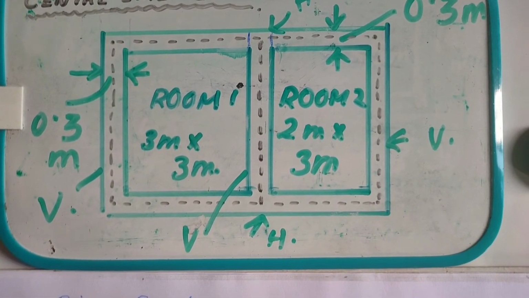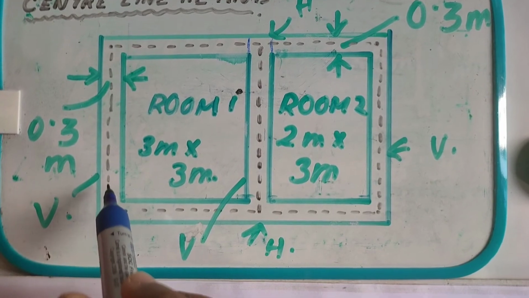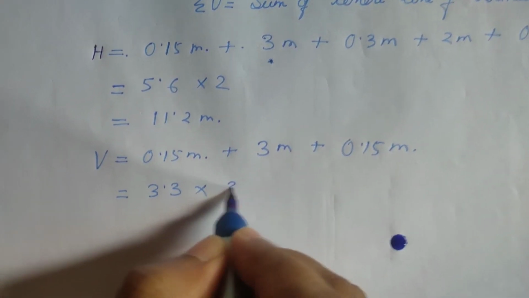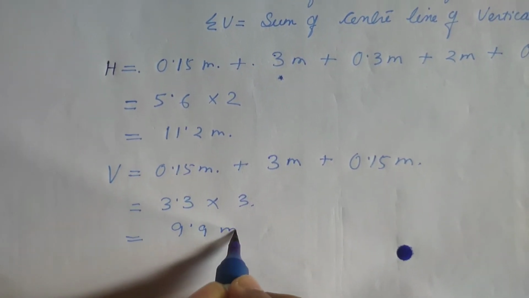In the case of horizontal walls there were 2 walls, and here we can see there are 3 vertical walls, 1, 2, 3. That means 3.3 into 3 will give us 9.9 meter.